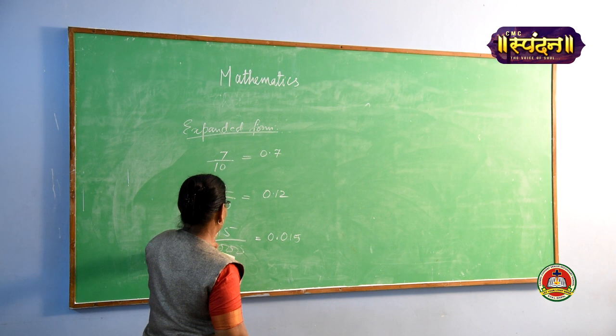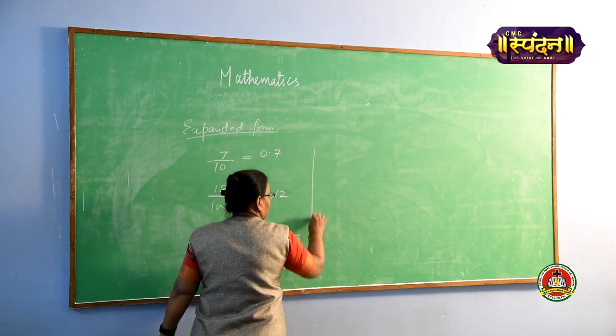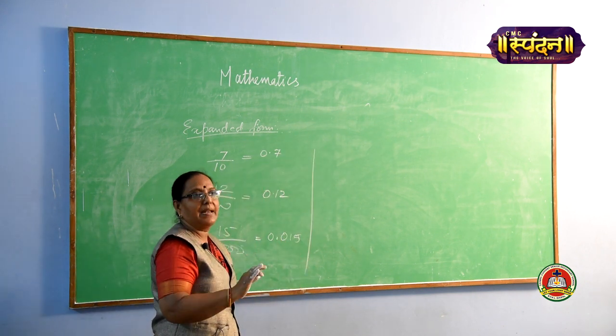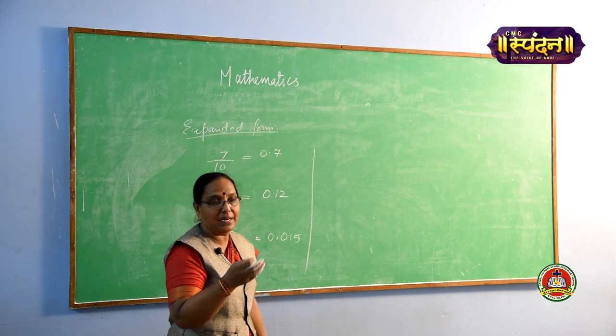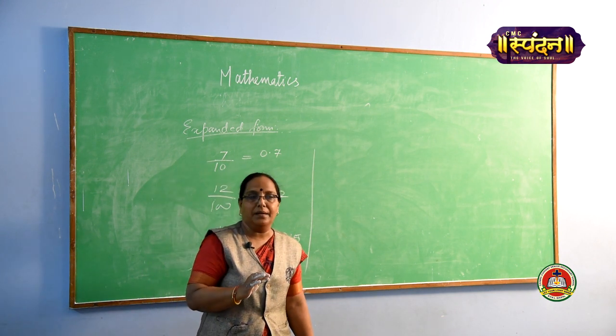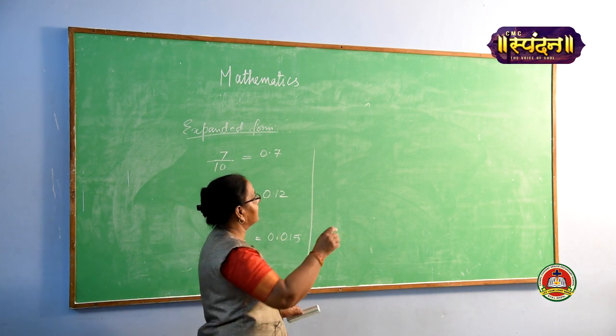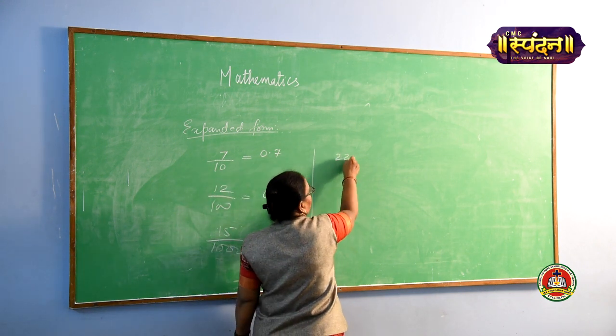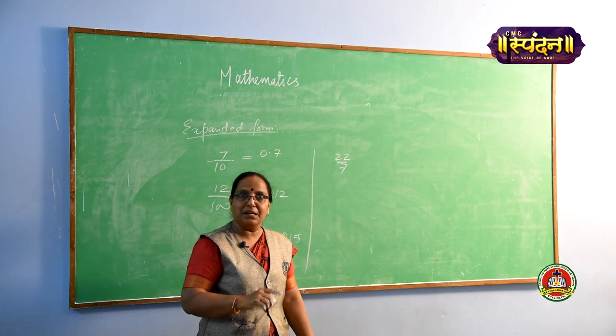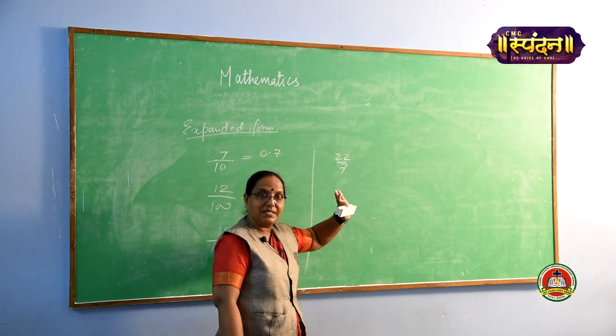1, 2, 3, 1, 2, 3. So this is actually only the division by 10, 100 or 1000, that means the exponent form or the power of 10. But when any number is divided by a whole number, for example, I already told you 22 by 7, a whole number divided by this whole number 7.